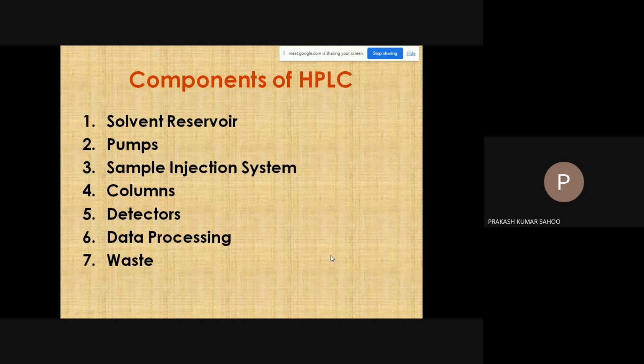The different components or parts of the HPLC instrument are the solvent reservoir, followed by connection with pumps. Then the sample injection chamber is there. Then the column at which the components are separated.